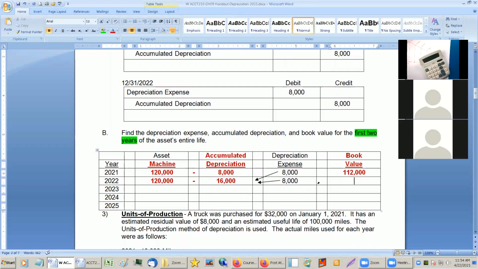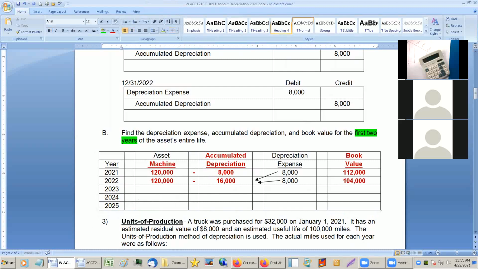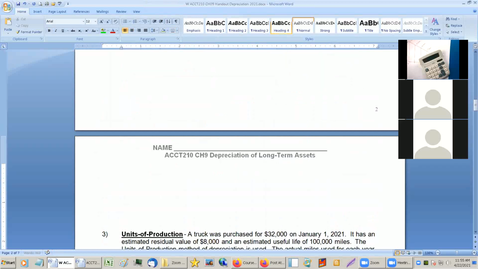Okay, so this would be 104. Okay, so if we're just in the first 2 years, I mean, we could do all the way through 10 years. Oops.